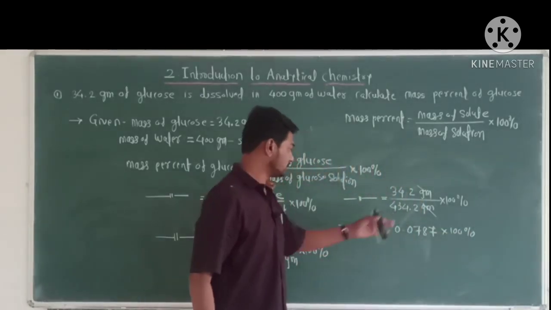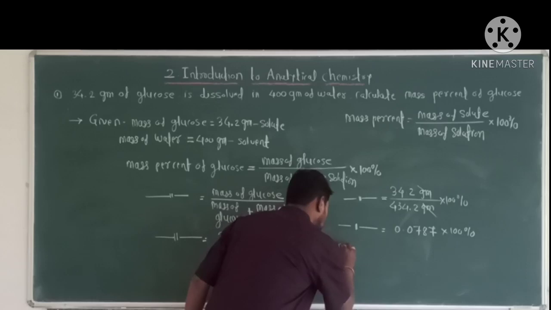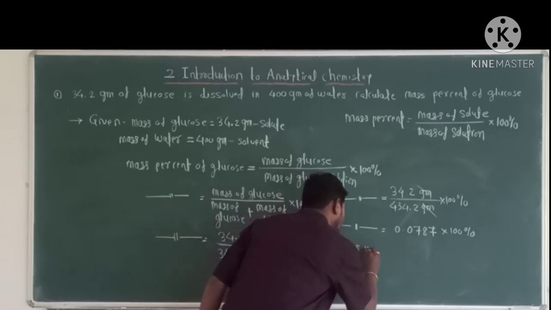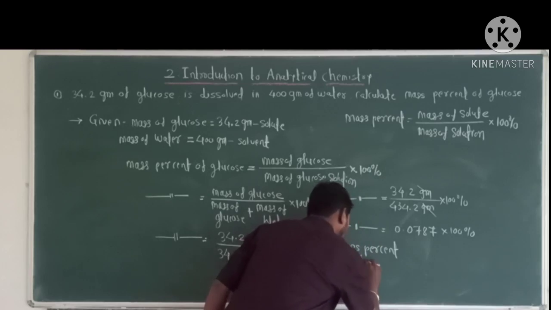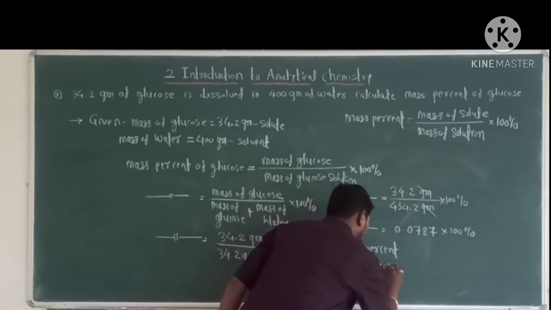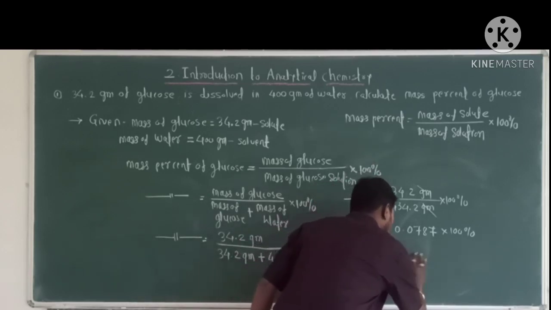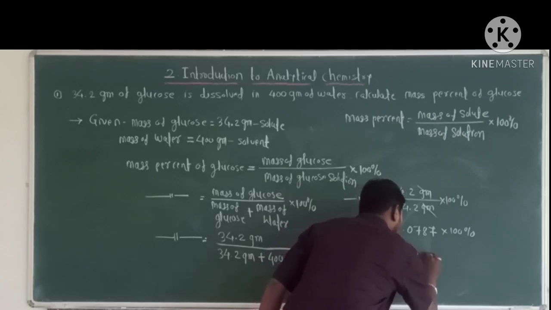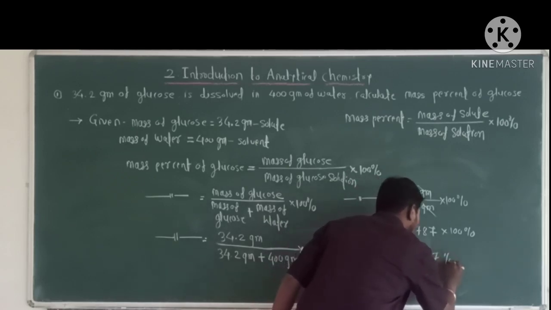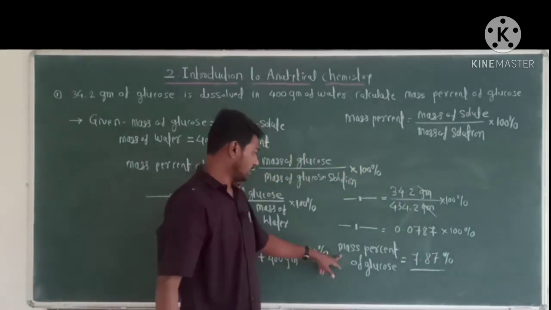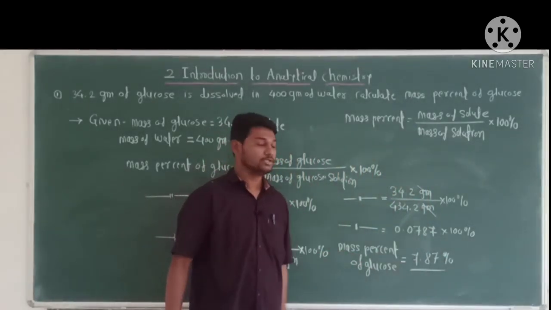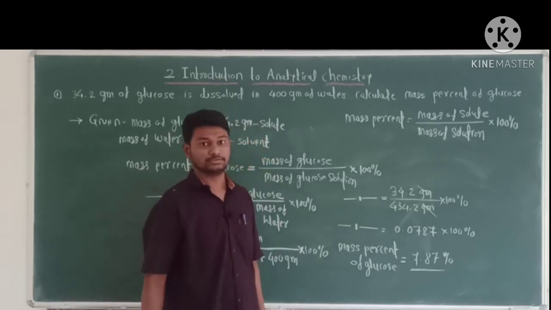Solving this equation, we get the final answer: mass percent of glucose is equal to 7.87%.